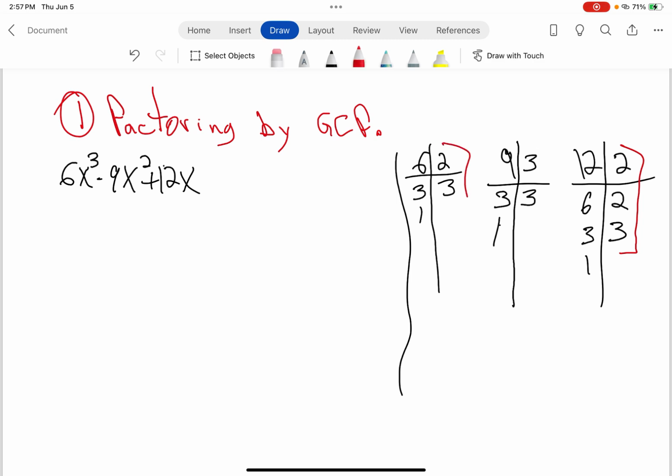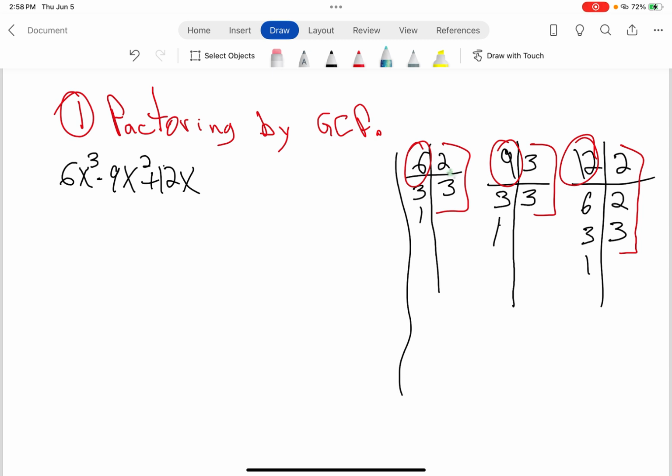So we have the factors for 6, for 9, and for 12. To find the common factor between those three numbers, you have to look for the numbers which are common in the three different numbers' factors.